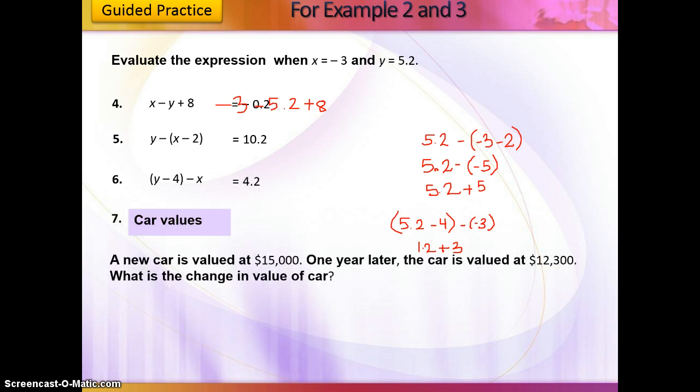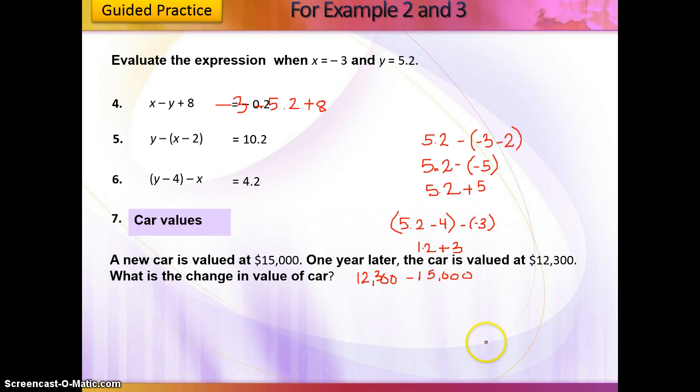Car values. A new car was valued at $15,000. 1 year later, the car was valued at $12,300. What is the change in value of the car? So, you want to subtract the value of the car initially from the value of the car currently.